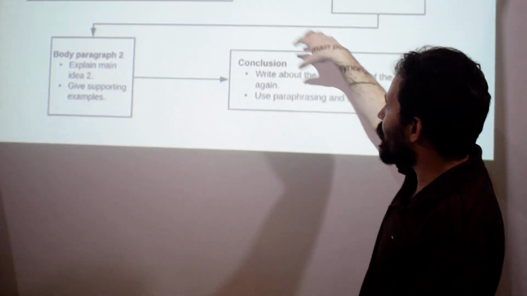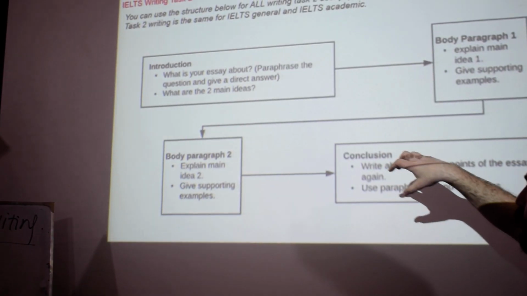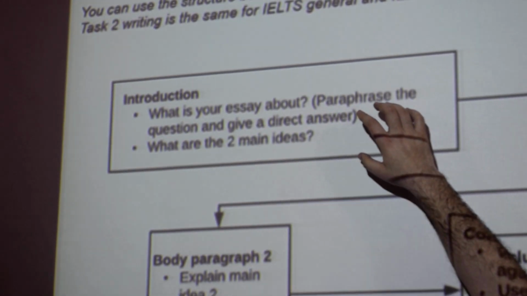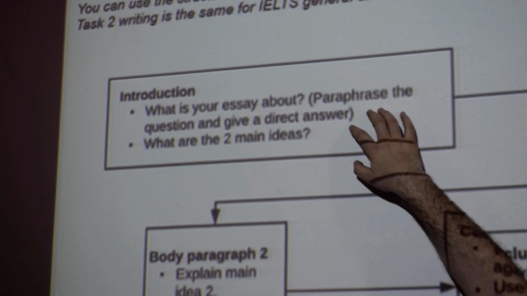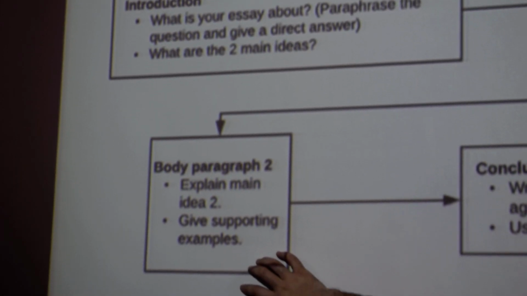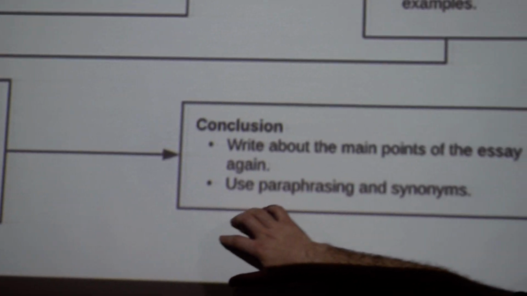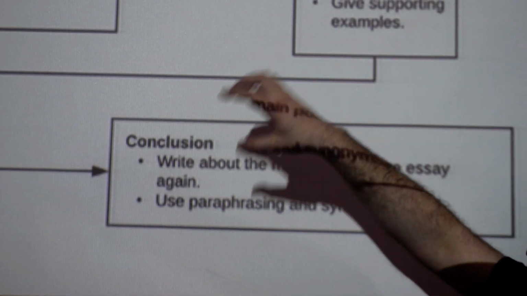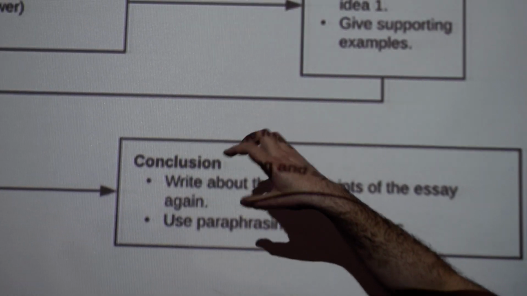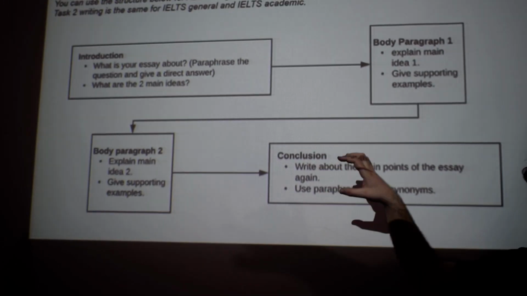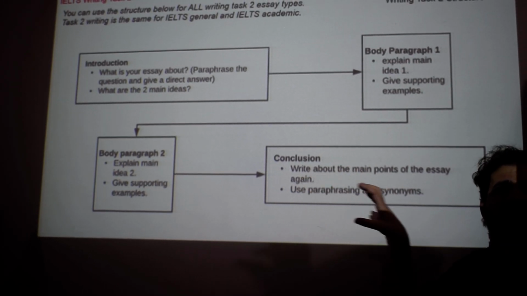As I said, according to essay writing task 2, the first paragraph is an introduction paragraph. After that come main body paragraph number 1, main body paragraph number 2, and then the conclusion paragraph. These four paragraphs are very important in our essay writing.